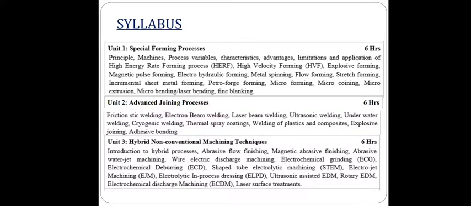The special forming processes consist of principles, their machines, process variables, characteristics, advantages, limitations and applications of HERF, that is high energy rate forming processes. It also contains high velocity forming, explosive forming, magnetic pulse forming, electrohydraulic forming, metal spinning, flow forming, stretch forming, incremental sheet metal forming, petro forge forming, micro forming, micro coining, micro extrusion, micro bending, laser bending and fly banking.